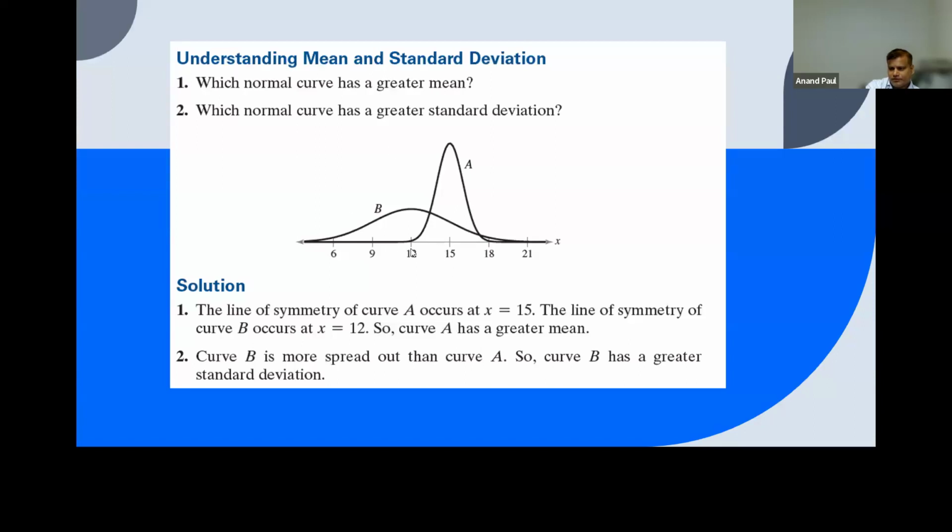It's clear that bell-shaped curve A has a greater mean, because it's centered around 15.